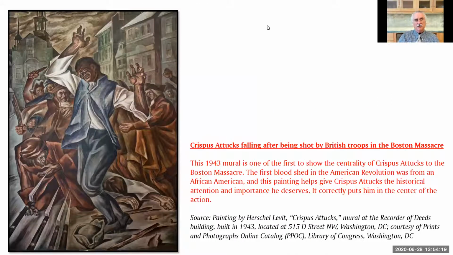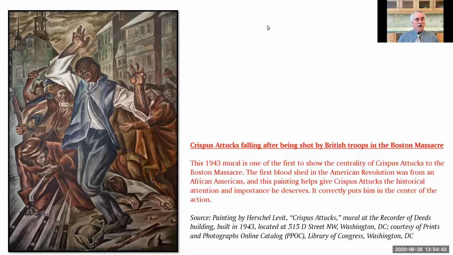This is a tremendous painting for a number of reasons. Crispus Attucks falling after being shot by British troops in the Boston Massacre. This mural from 1943 is one of the first to show the centrality of Crispus Attucks to the Boston Massacre.